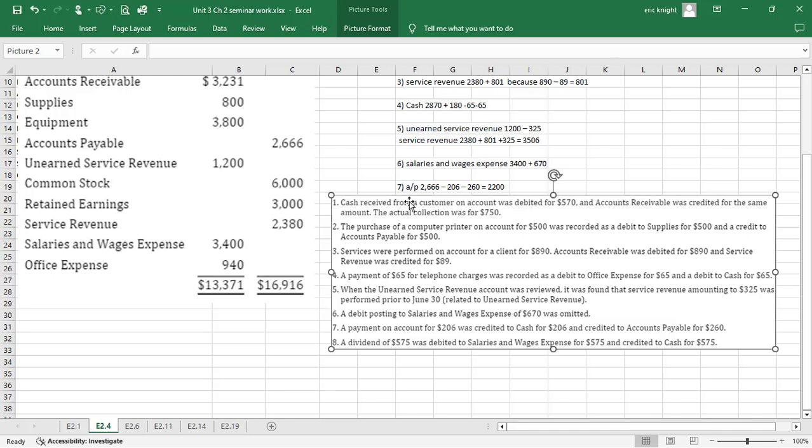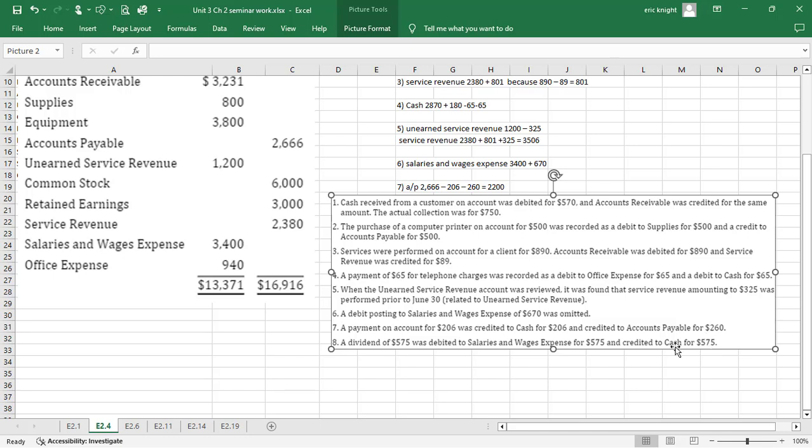We have accounts payable, but the mistake was that, and this one is really tricky, so you gotta be really careful. A payment on account of $206 was credited to cash, but for accounts payable, they didn't do $206, they credited $260.